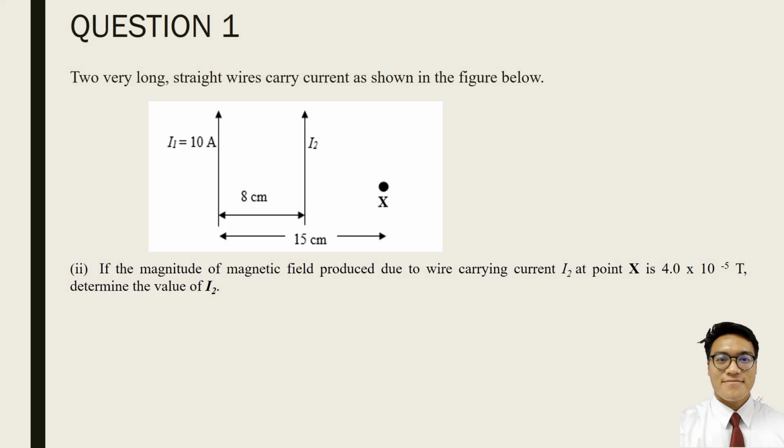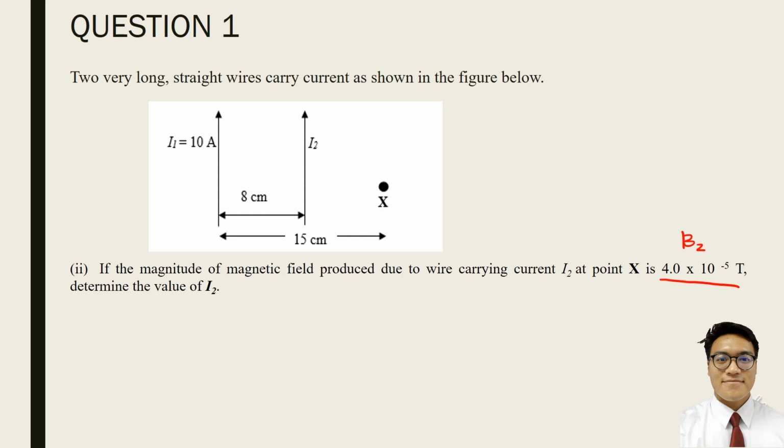And then part 2, if the magnitude of the magnetic field produced due to the wire carrying current I2 at point X is 4 times 10 to the power of negative 5 Tesla, determine the value of I2. This time we are given the value of the magnetic field. So this value here is actually B2, which is produced by current I2.